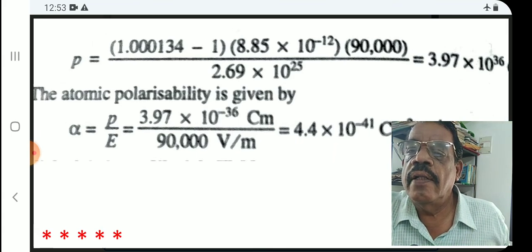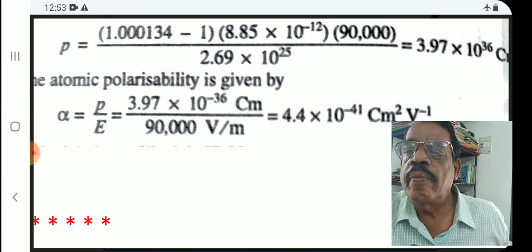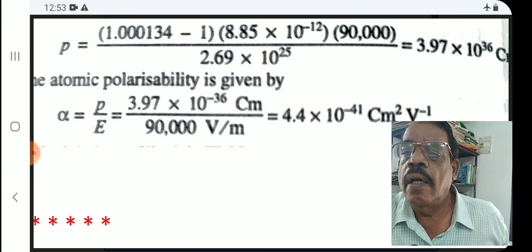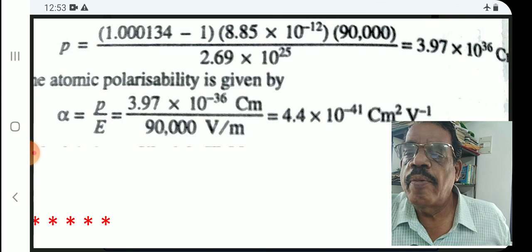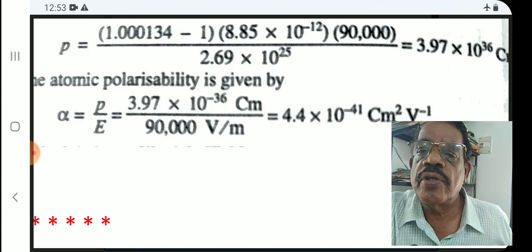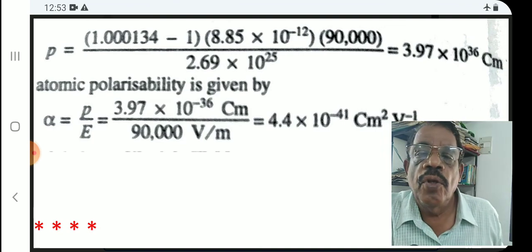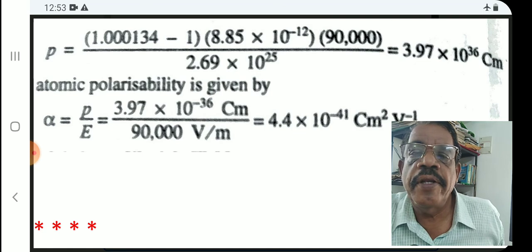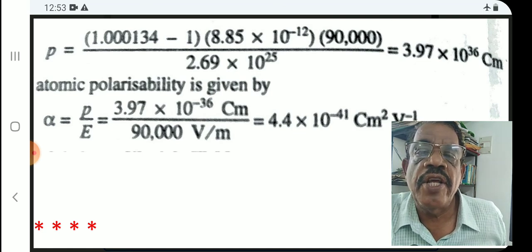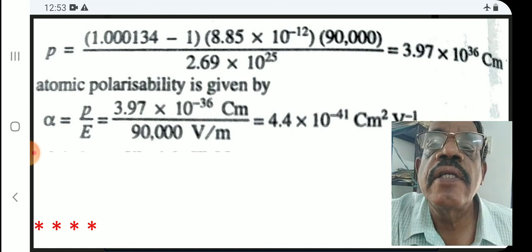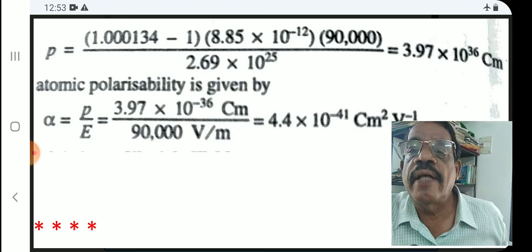ഉണ്ടോ നോക്കുക. The atomic polarizability is given by alpha is equal to p by epsilon 0 E, that is, the dipole moment p is alpha E. Therefore, 3.97 into 10 raised to minus 36. Oh, it is minus 36. That is, the minus was missing in the dipole moment 3.97 into 10 raised to minus 36. That is true.